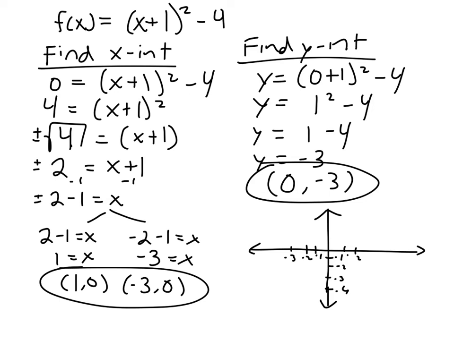That was given to me, and I can also see up here that h is negative 1 and k is negative 4. Then I have the x-intercepts at 1 and at negative 3, and a y-intercept at negative 3. If I were to connect those dots, that would be the graph of this parabola.